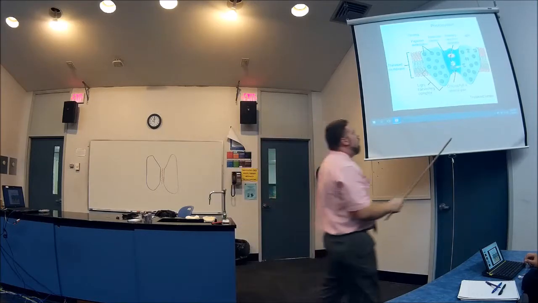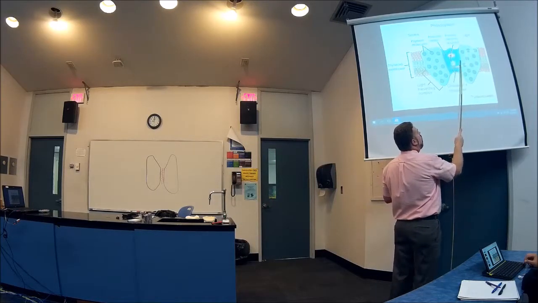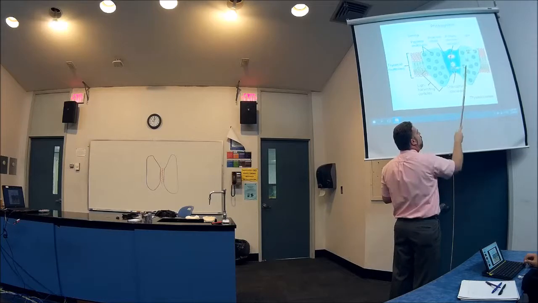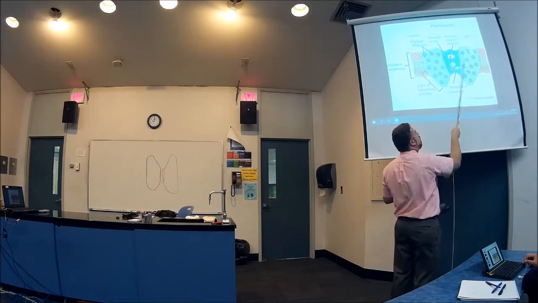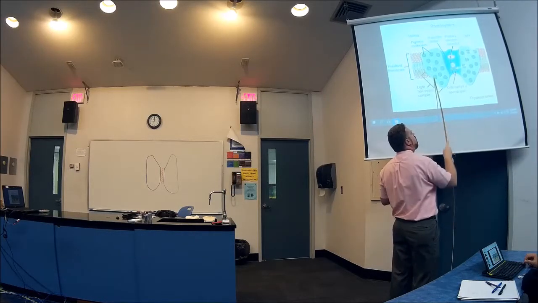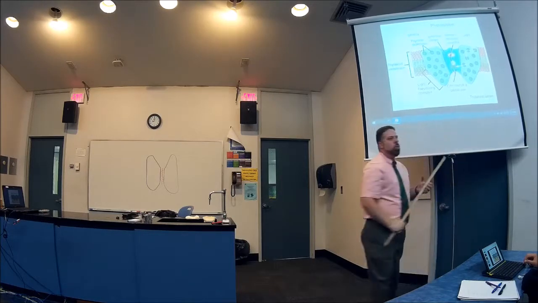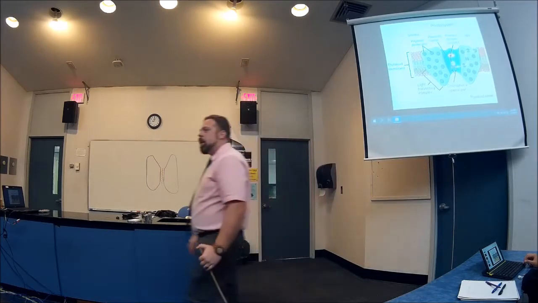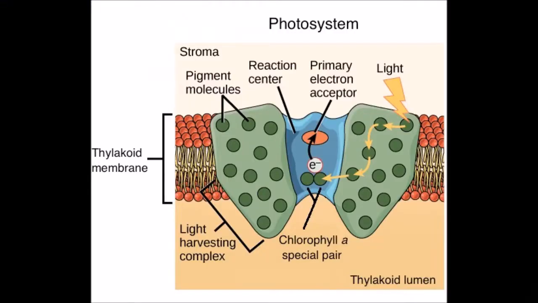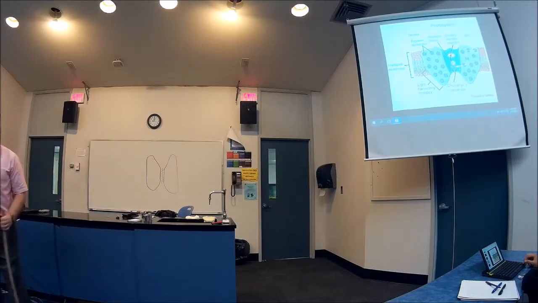There's going to be some chlorophyll in here too. What's happening is the light is going to go into these light harvesting complexes, and it's going to funnel in to where the actual chemistry is going to happen. All right, and this is a photosystem.